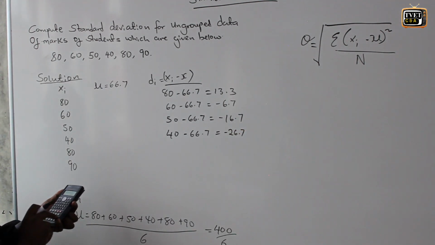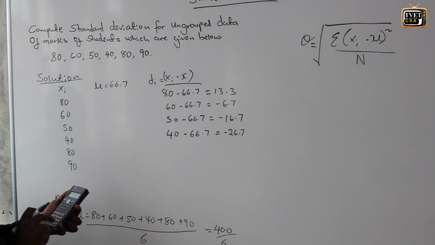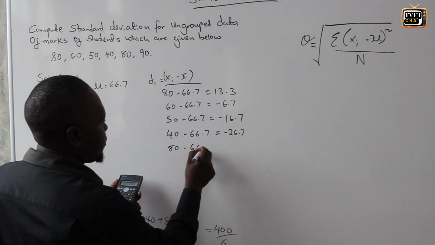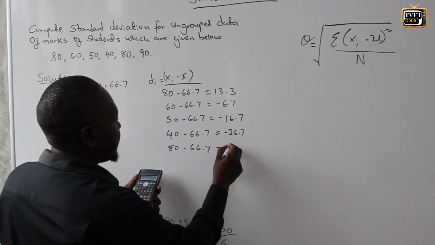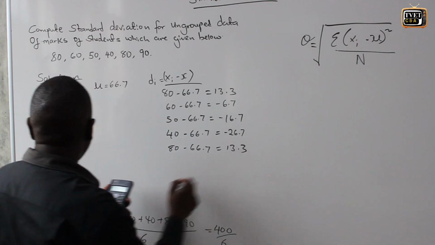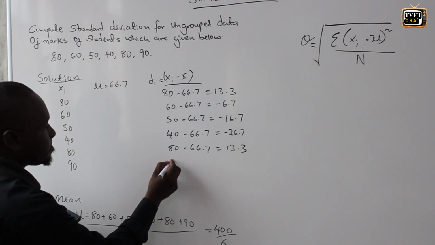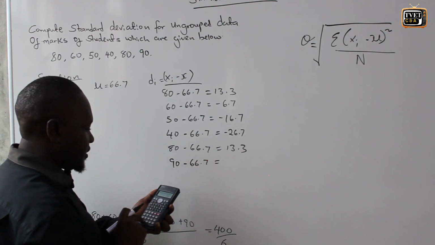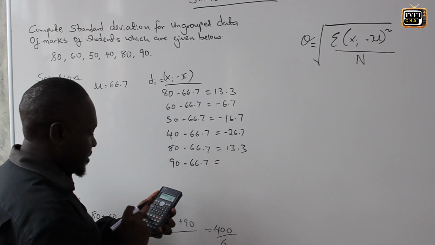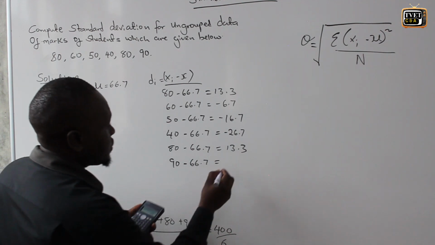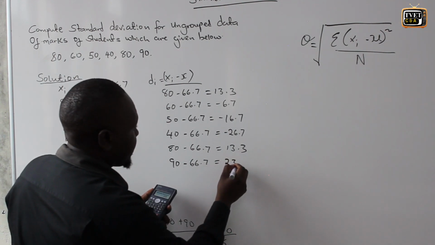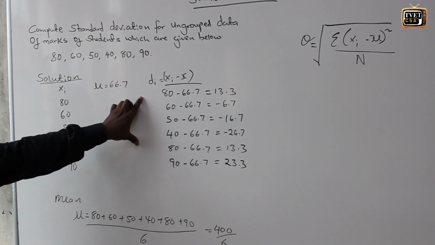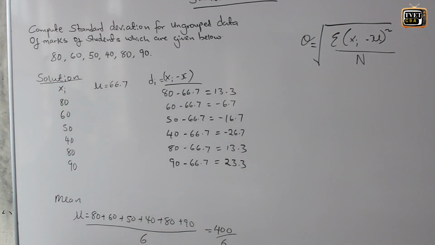Then 80 minus 66.7 again gives 13.3. And the final one is 90 minus 66.7, which is 23.3.